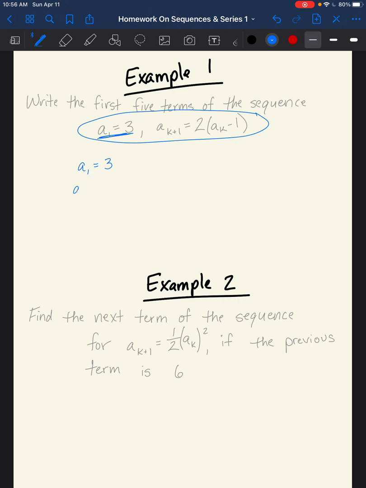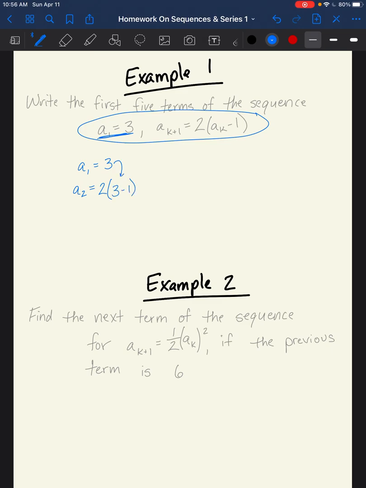Now if I want to find a sub 2, if you look right here at this part of the formula, it says that in order to find the next term, k plus 1, I have to take the previous term, a sub k, minus 1, and then multiply that by 2. So I'm going to do 2 times the previous term, which is 3 minus 1.